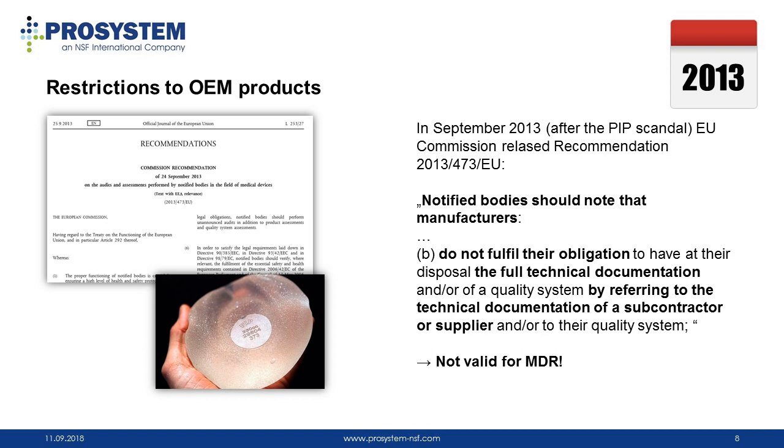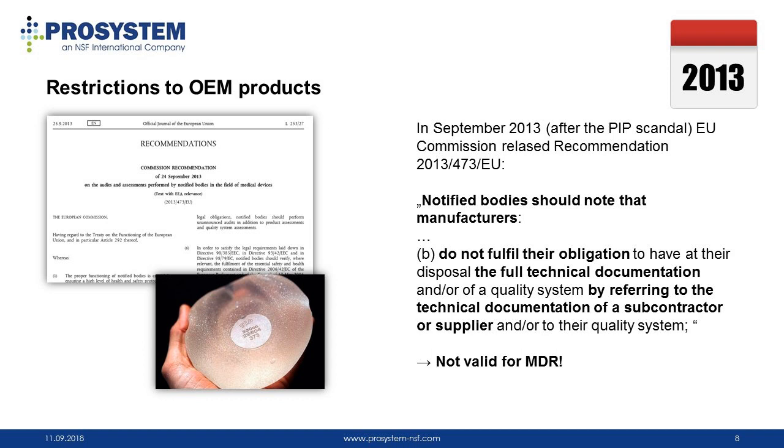This was the main reason for huge changes within the European medical device regulations. And one of the first ones that had an impact on these OEM devices was in September 2013.